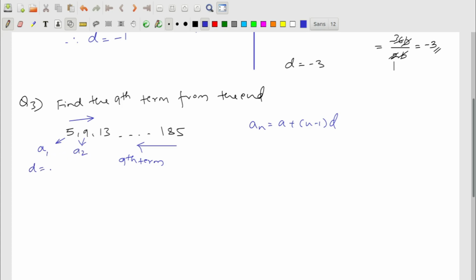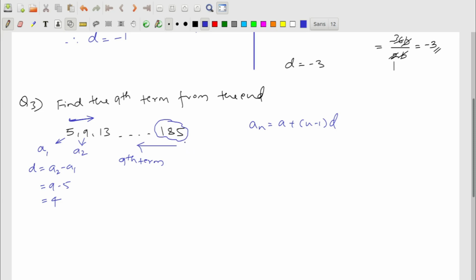The common difference here is a2 minus a1, that is 9 minus 5, which is equal to 4. If I take the AP from this side, that is 5, 9, 13 till 185. But in the question we need to find the ninth term from the end.